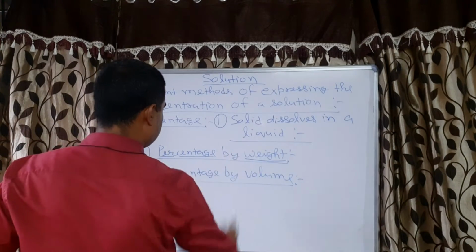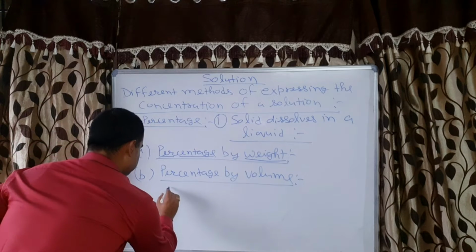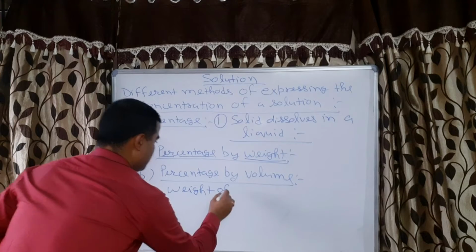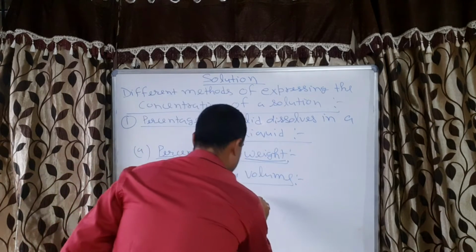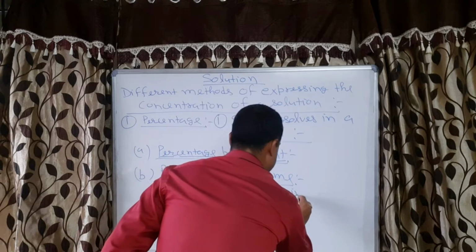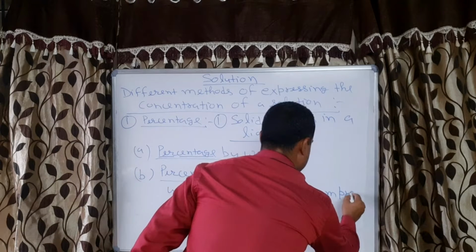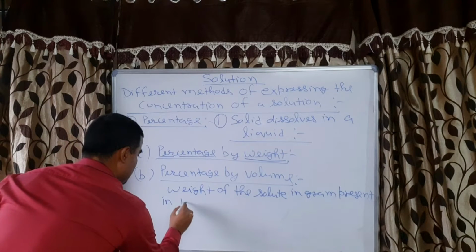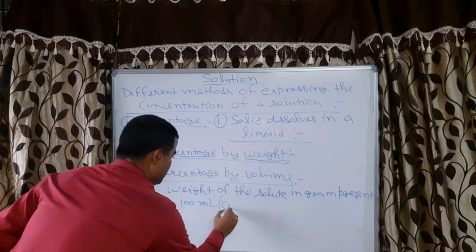Here solvent is liquid. So weight of the solid, here solid is the solute. So weight of the solute in gram present in 100 ml or centimeter cube, both are same thing.